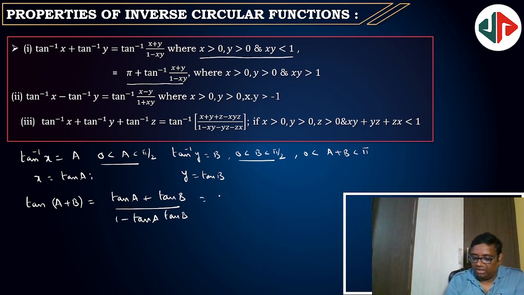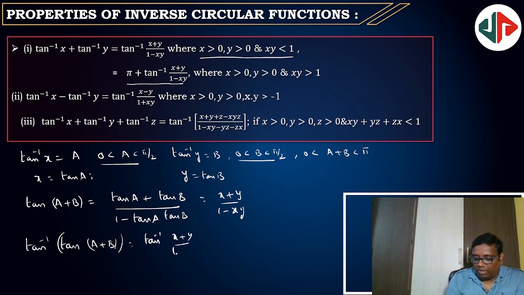So it is nothing but x plus y by 1 minus xy. If you apply tan inverse on both sides, tan inverse of tan of a plus b is always equal to tan inverse of x plus y by 1 minus xy. But very important, tan inverse of tan x is always equal to x only when x lies between 0 to pi by 2.